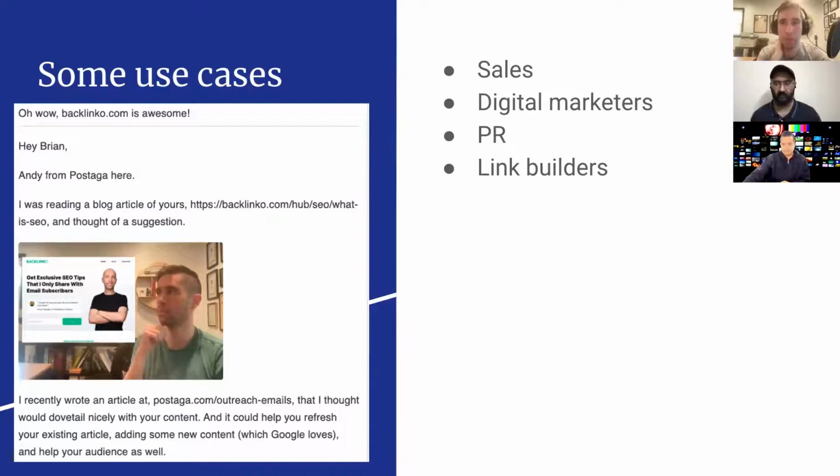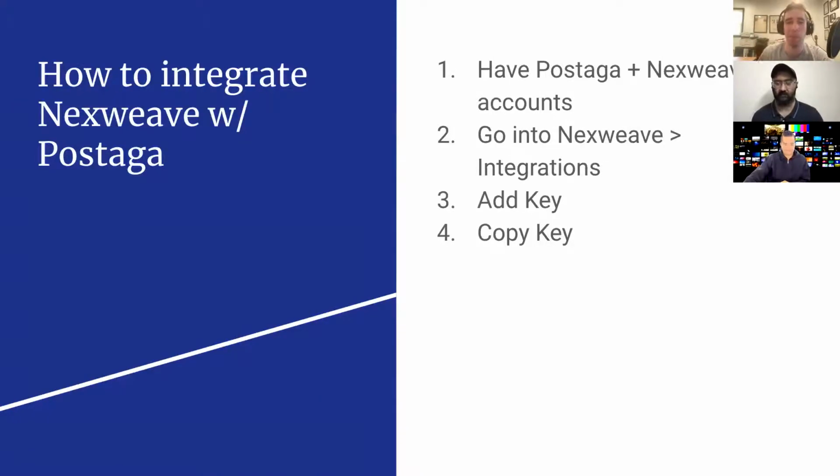Yep. So I guess the next question people probably want answered is, if we want to integrate Nexweave and Postaga and you have the accounts, how do you actually do that? The next steps would be to do that in both Nexweave and Postaga. First you'll need to go into Nexweave, and by the way, we have a ton of documentation on all of this now.